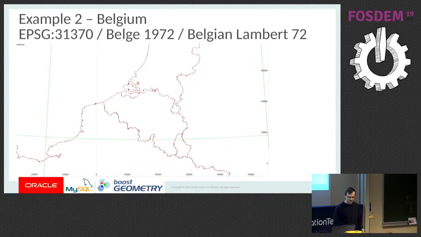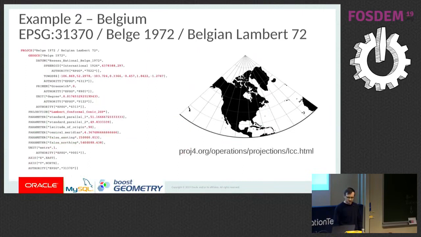So this is the definition from yet another spheroid, using degrees and using a different kind of projection. So before there was transverse Mercator, and here we have Lambert conic.